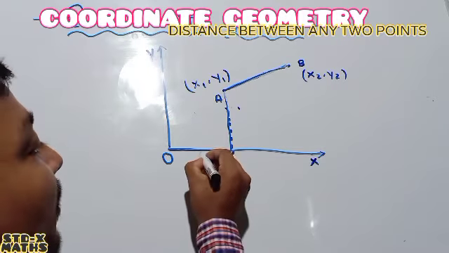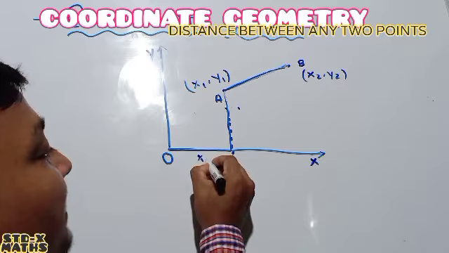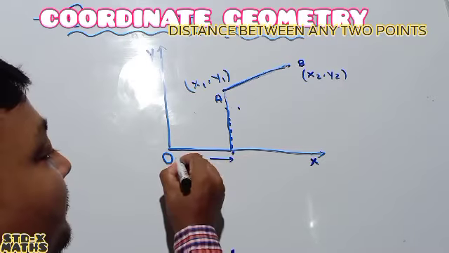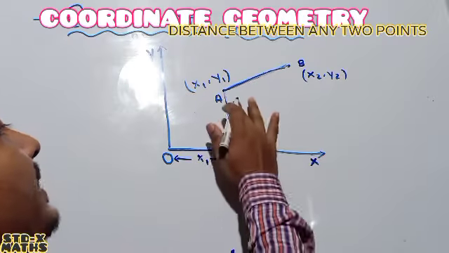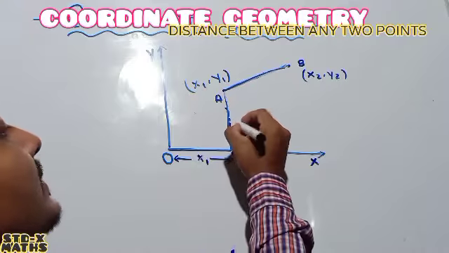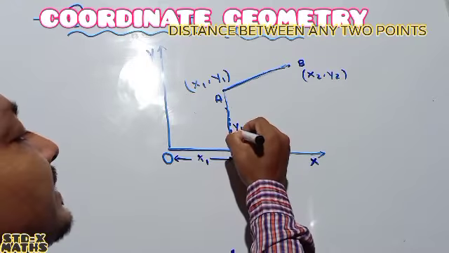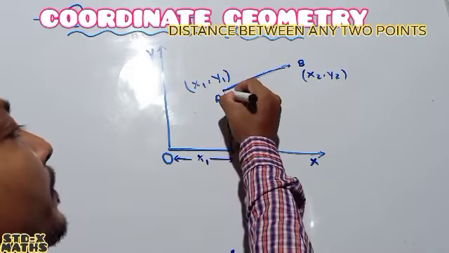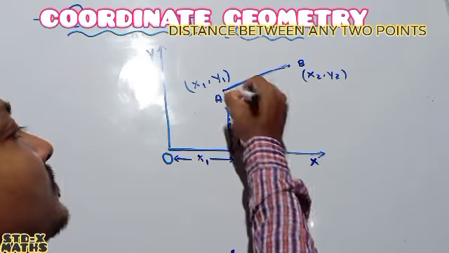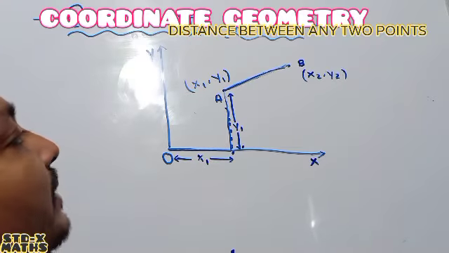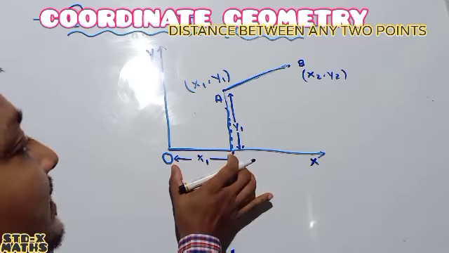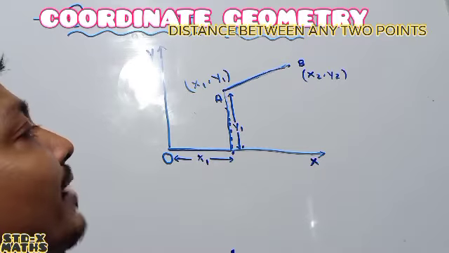So this distance is x1, and this distance is y1. Perfectly understood? This distance is x1 and this distance is y1.